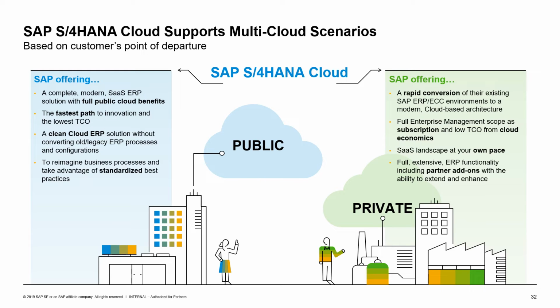The SaaS landscape can be set up at their own pace, and they get the full extensive ERP functionality, including all of the partner add-ons, line of business, and industry add-ons, with the full capability and ability to extend and enhance. And this is where you come in with your partner extensions and add-ons.